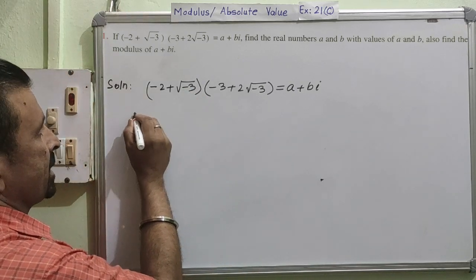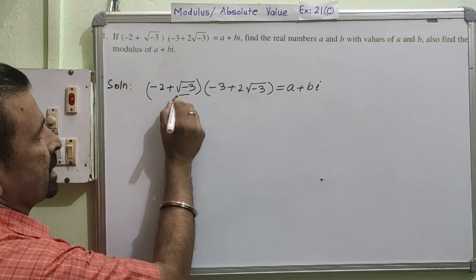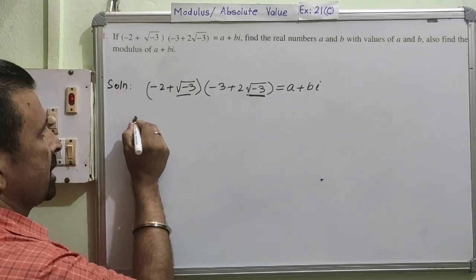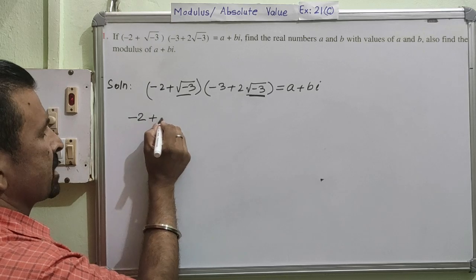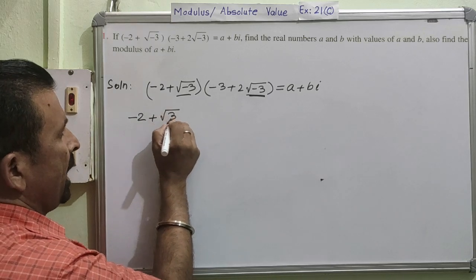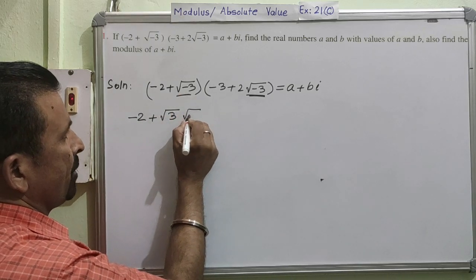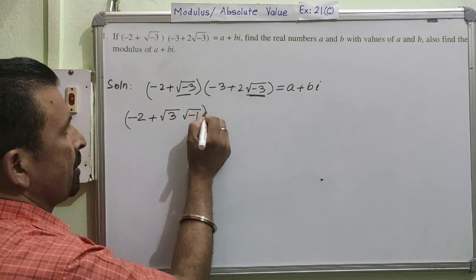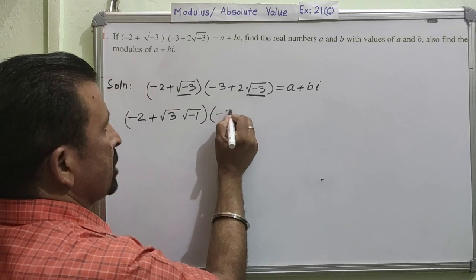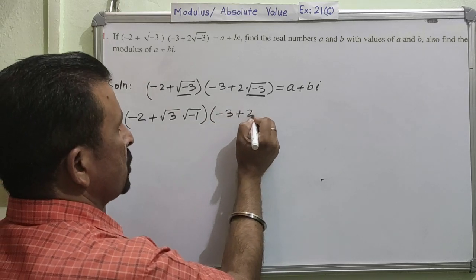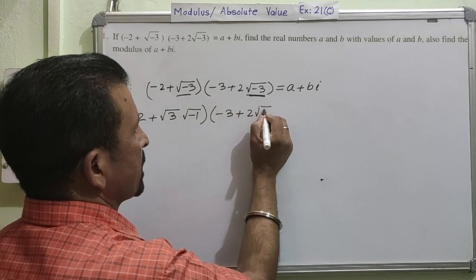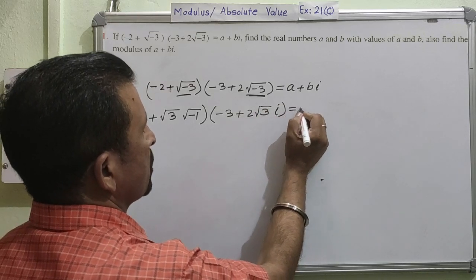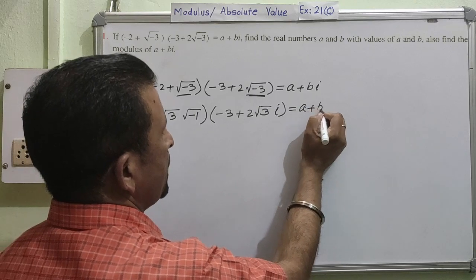The left hand side we can solve as follows. First of all, from these two numbers we will separate the number from the sign. So it becomes negative 2 plus root over 3 times root over minus 1, and negative 3 plus 2 root over 3 times root over minus 1, is equal to a plus bi.